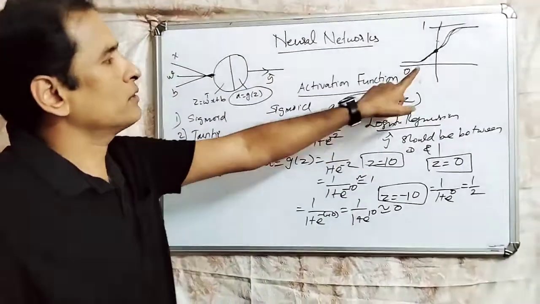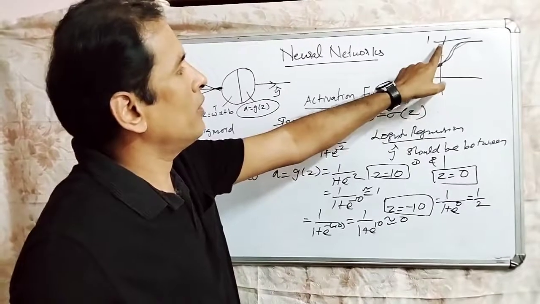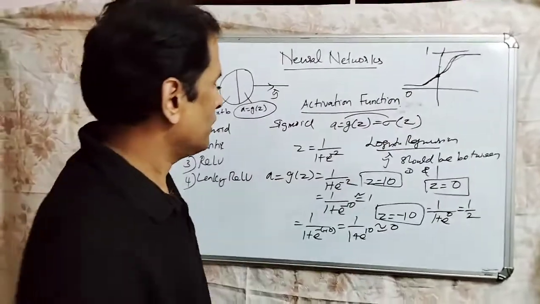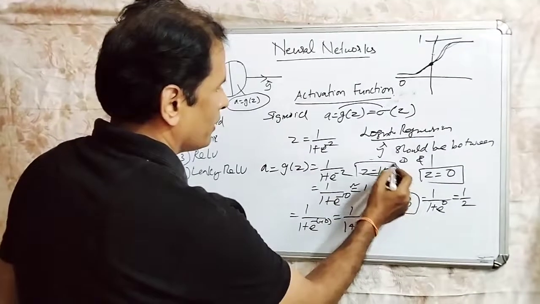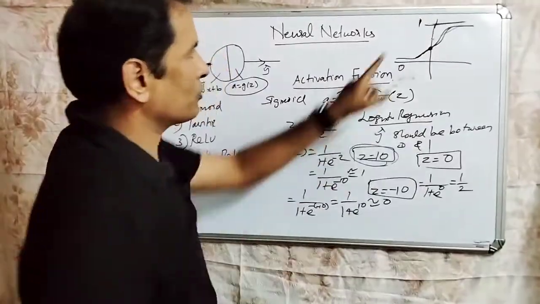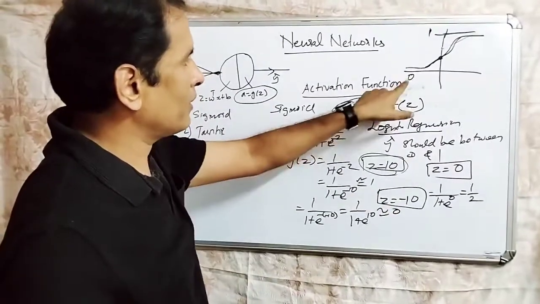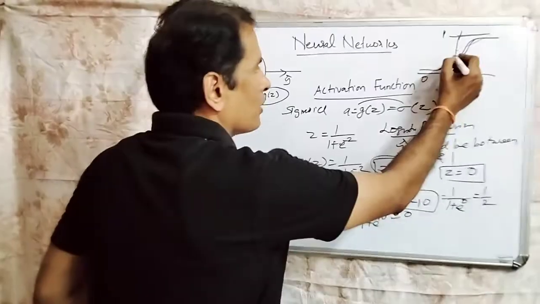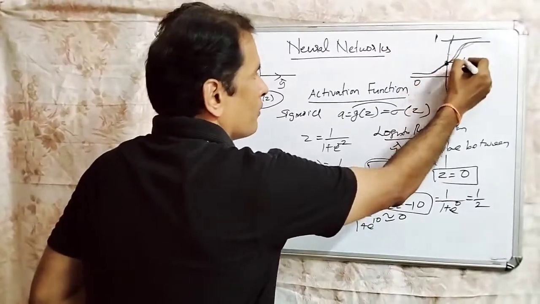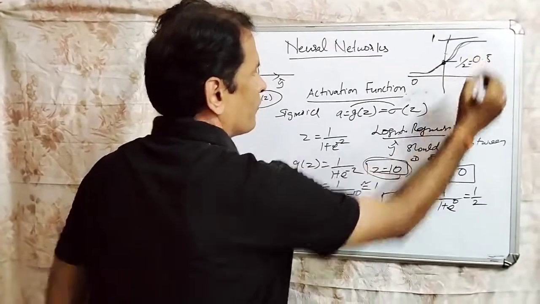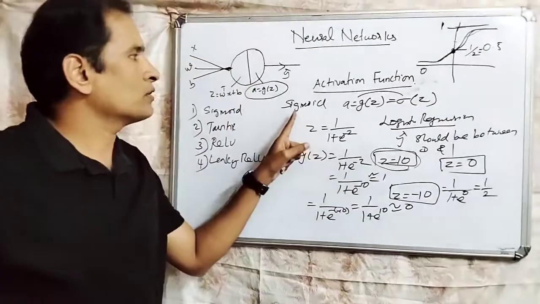So the boundary has been altered between 1 and 0. When z is a large number, like 10, the output will be approximately equal to 1, and when z is a negative number, then its range will come to 0. Suppose z is equal to 0, then the value will be 1 by 2, which is equal to 0.5. So this is about the sigmoid function.